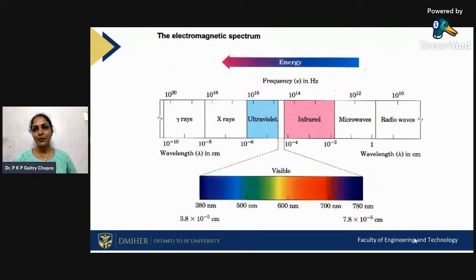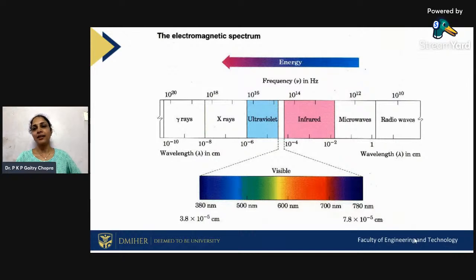So before we start with NMR spectroscopy, we should first understand what spectroscopy is. It is nothing but the interaction of light with the molecule. Whenever we talk about light, we come to a term called the electromagnetic spectrum. The electromagnetic spectrum is nothing but the arrangement of the electromagnetic radiations in the order of their increasing wavelength and decreasing frequencies.